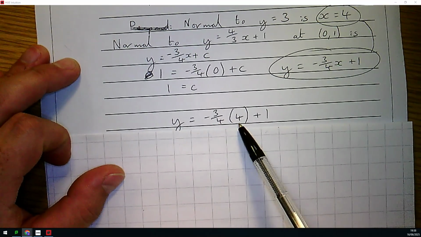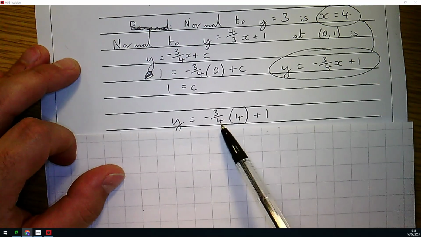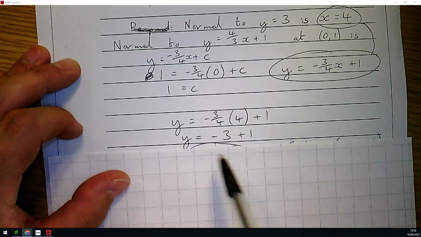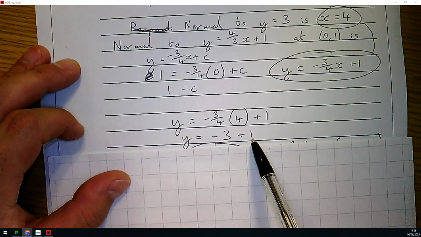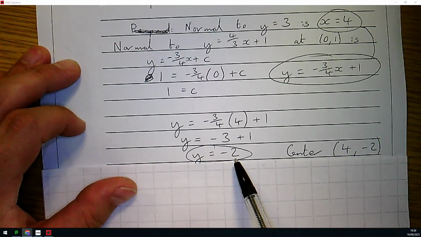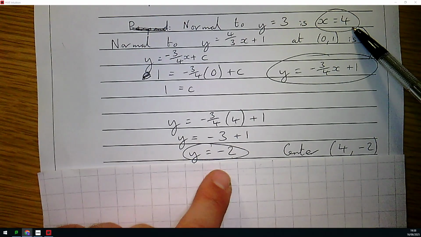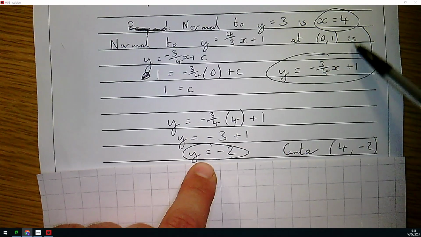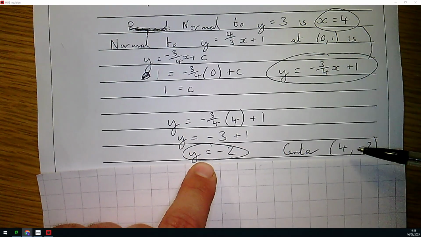Negative 3/4 of 4: the 4 gets multiplied by this and just eliminates the denominator of 4. So I end up with y is equal to negative 3 plus 1, so y is equal to negative 2. This gives me a centre at x is 4 and y is negative 2. That's the solution to these simultaneous equations. So the centre is at (4, -2).